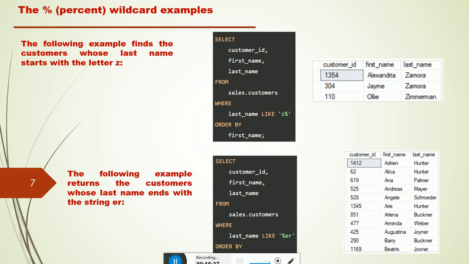So see here in the output, all the records whose last name ended with the characters ER.